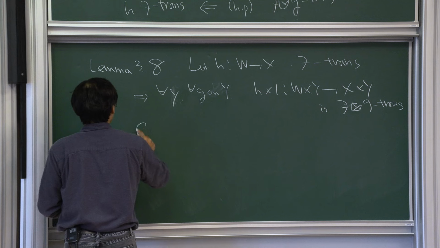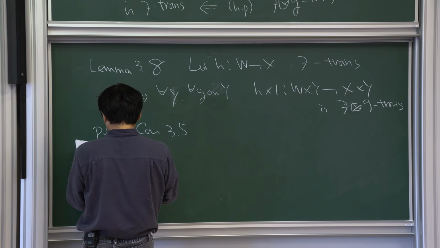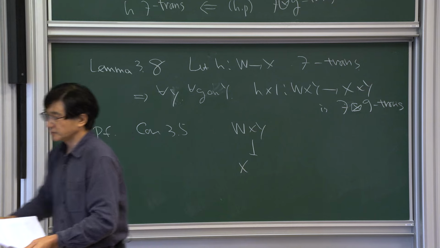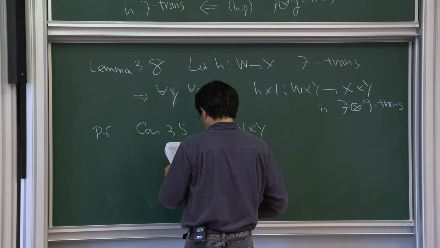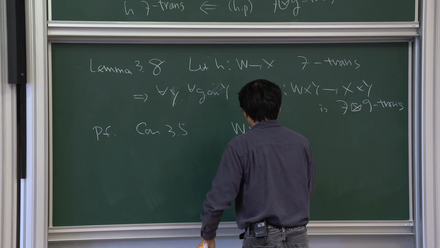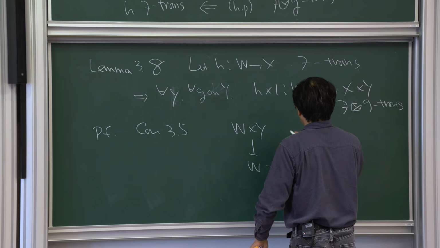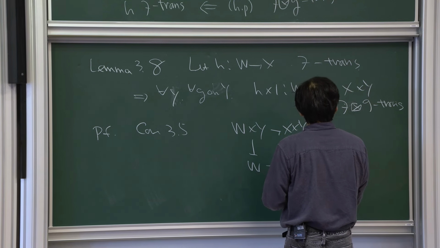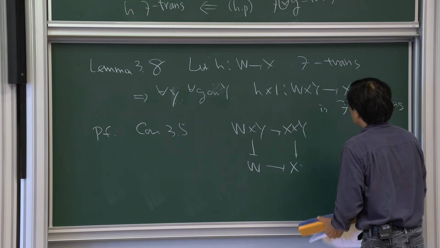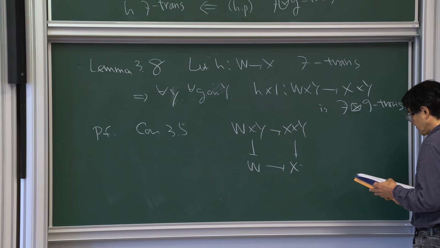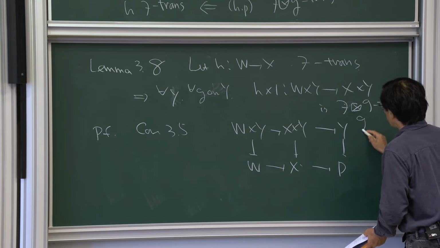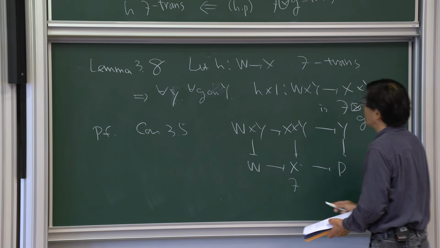So this is a consequence of corollary 3.5, I think. So we have sheaf G here and F here.